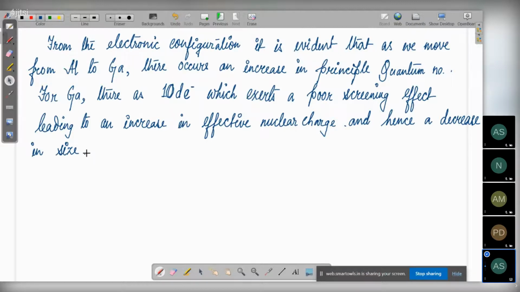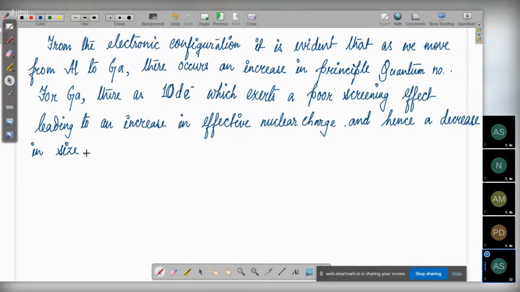But on the other hand, we also have a poor screening effect exhibited by the 10 d electrons for gallium, and due to that, the effective nuclear charge increases, causing a decrease in the atomic size.